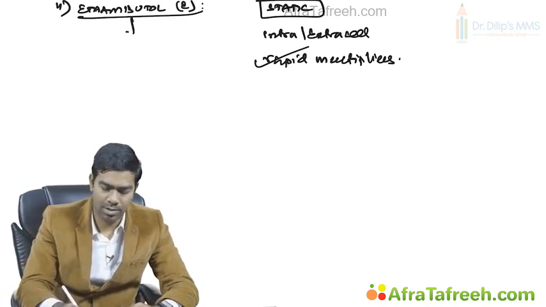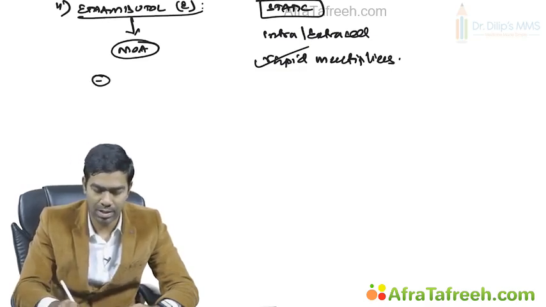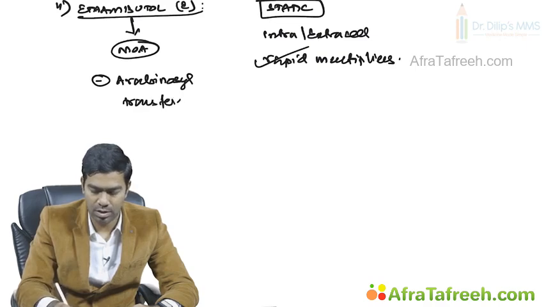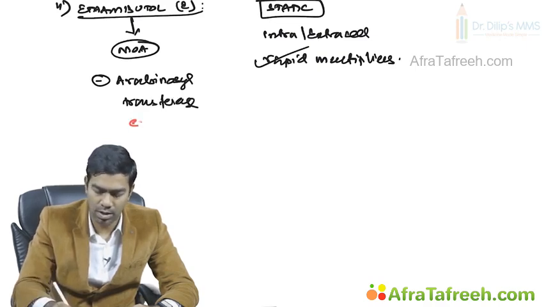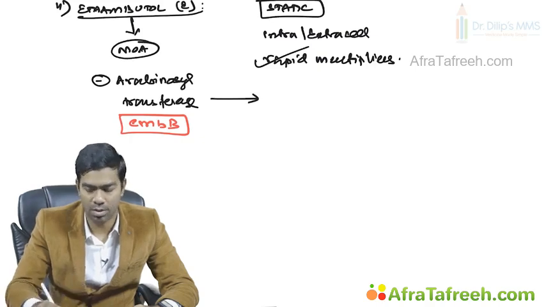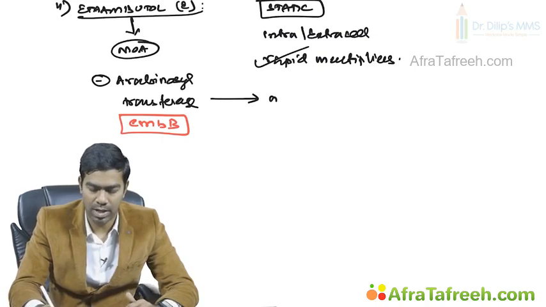And mechanism of action of ethambutol is very simple. It's going to inhibit an enzyme called arabinosyl transferase, which is coded by a gene called EMBB gene in the mycobacteria. This arabinosyl transferase is very important for synthesizing a molecule called arabinogalactan.